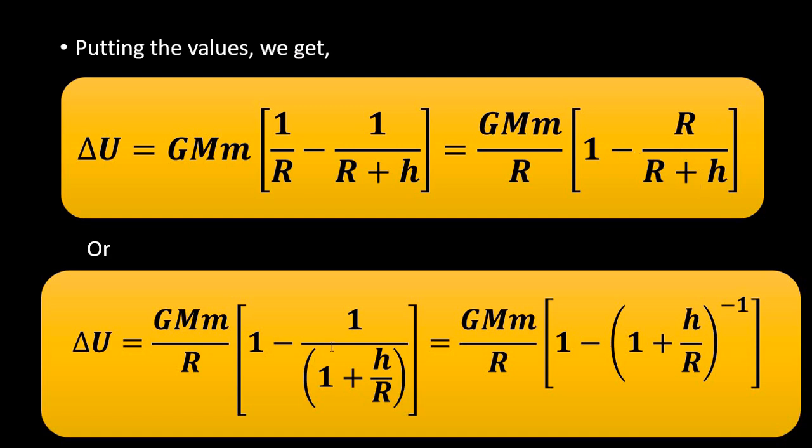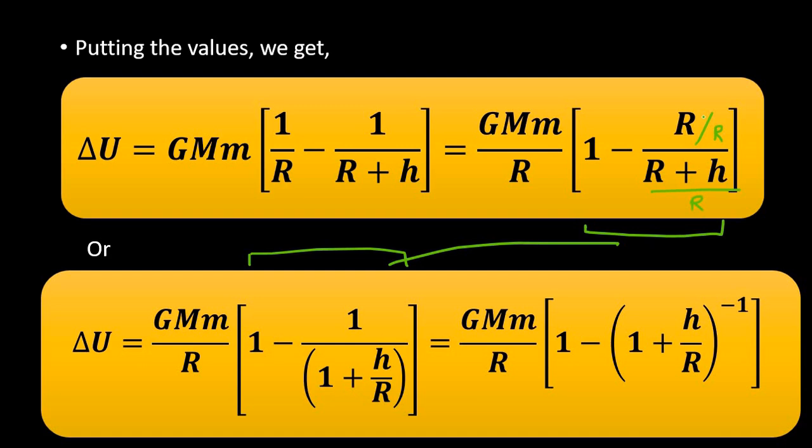Now what we have done, if you compare this part to this part, is divide R in both the numerator and denominator. So we have G capital M small m by R into 1 minus (1 by capital R) over (1 plus small h by capital R).